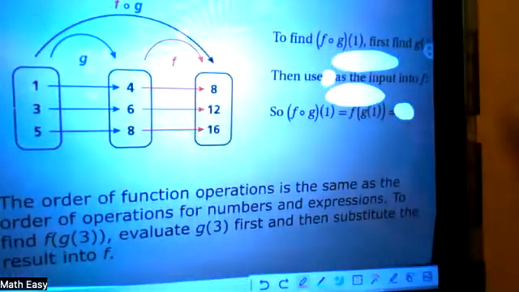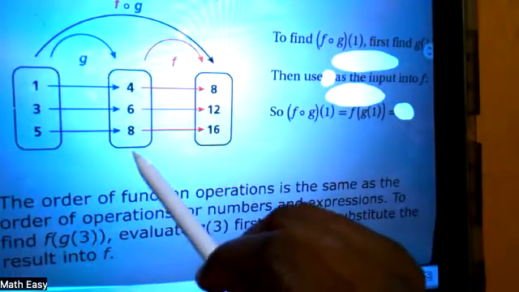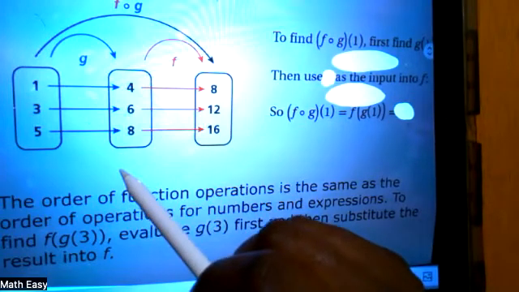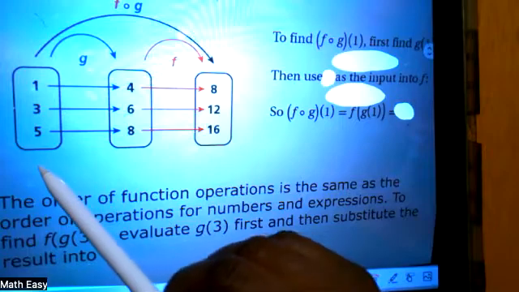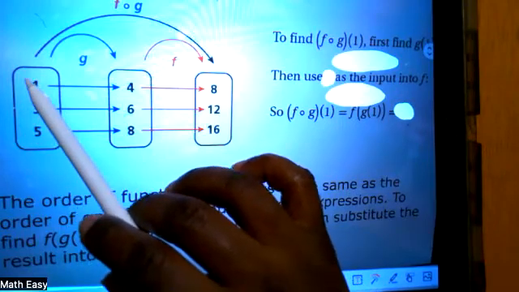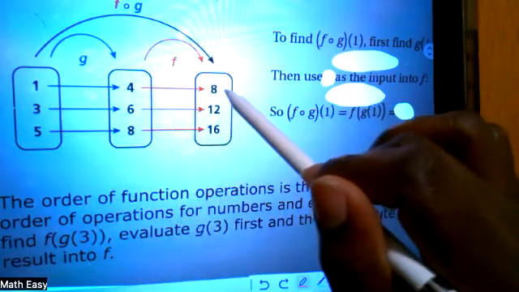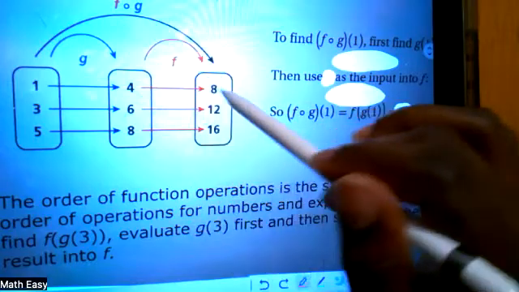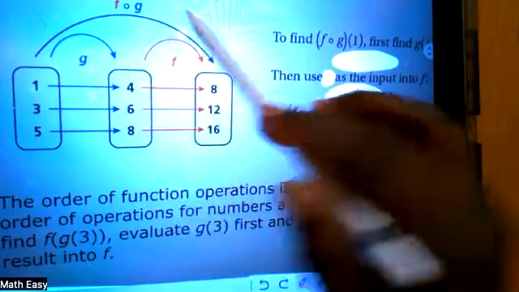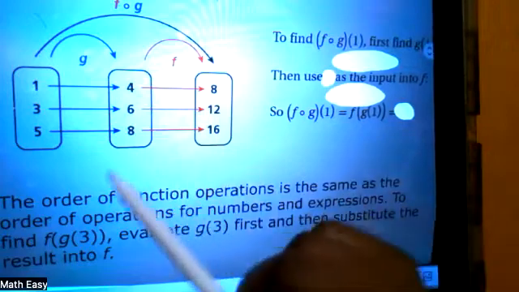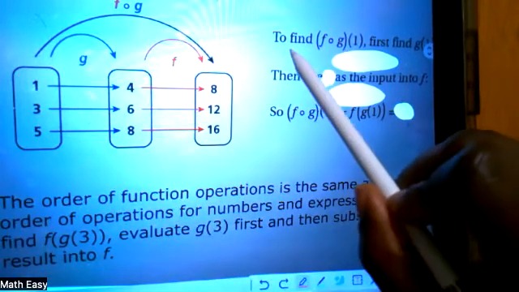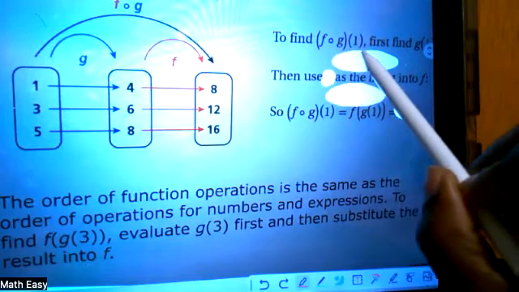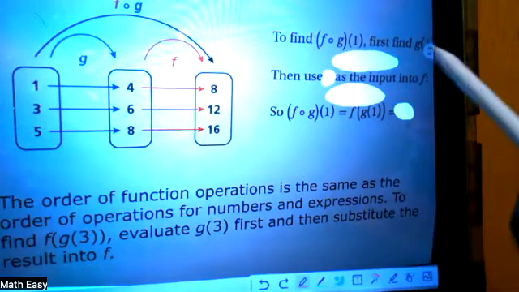Here we have a table that gives us the domain and range for the g function, and the domain and range for your f function. If we go from the domain all the way to the range for your f and g functions, that will be f of g. So how do we go about finding f of g? Well, to find f of g of 1, you first find g of 1.